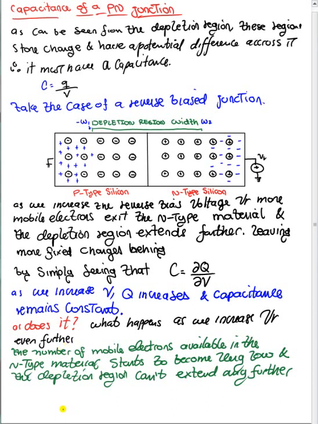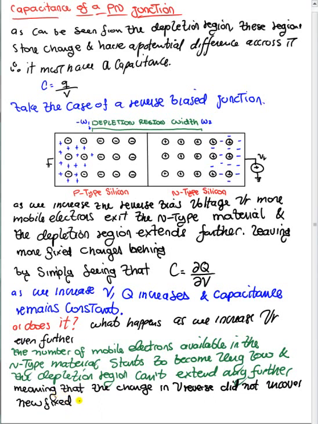What that means is that the change in V reverse did not uncover new fixed charges, right? So there is no change in charge stored.